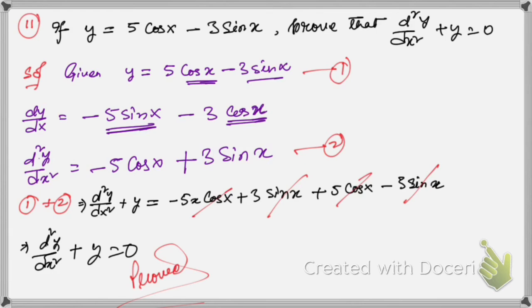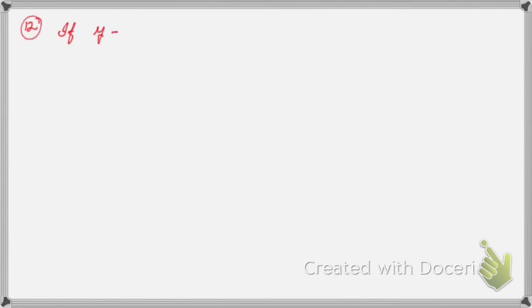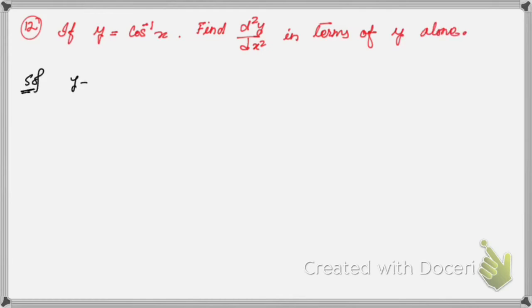So now let's move on to question number 12. If y is equal to cos inverse x, find the second order derivative in terms of y. So the solution: y is equal to cos inverse x. If you differentiate it, the derivative of cos inverse x is minus 1 by root over 1 minus x square.